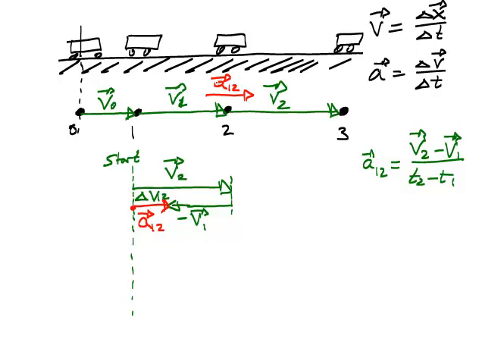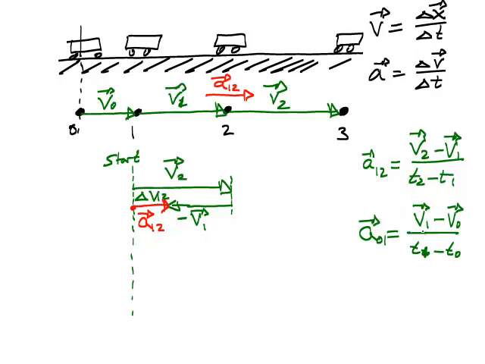I can do the same thing for velocity from v0 to v1. So again, I'm going to look at the difference. Acceleration between 0 to 1 is going to be v1 minus v0. So now I want to read this again from left to right.